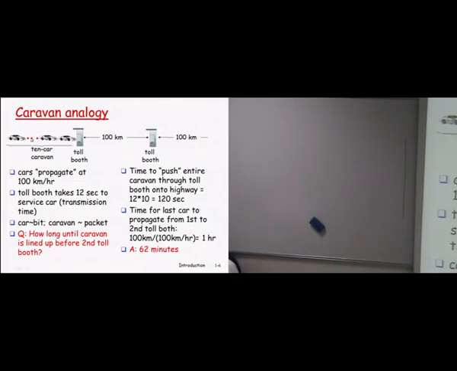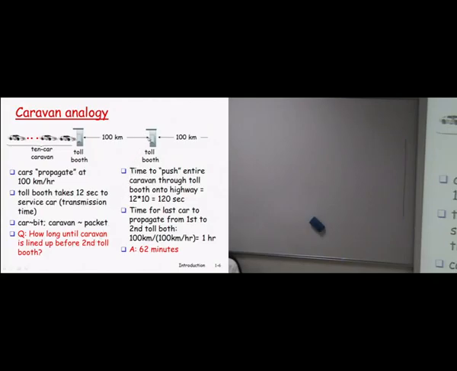How long will it take until all 10 cars are lined up in front of the second toll booth? Caravan means all the 10 cars should be lined up at the second toll booth, as they are lined up at the first toll booth. Clear?